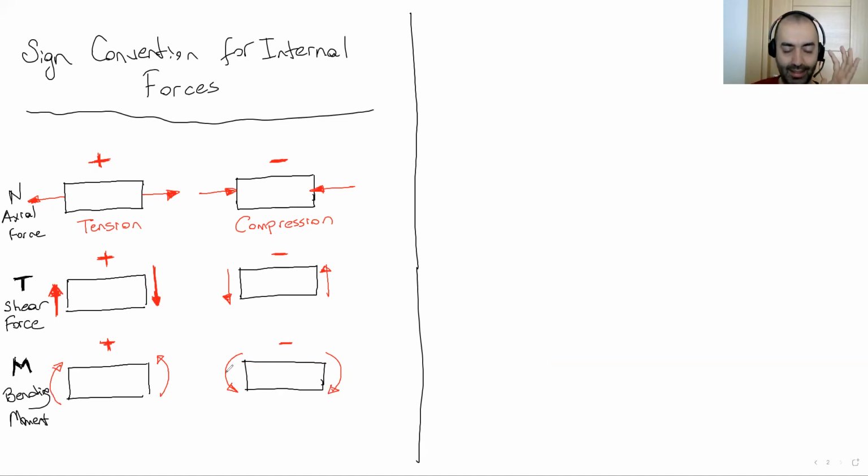To imagine what the bending moment is, I'd like to show you something. Let me draw. Let's say I have a stick like this, and I have a positive moment on this member.